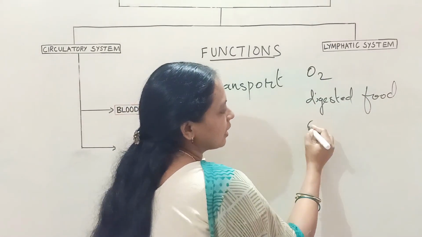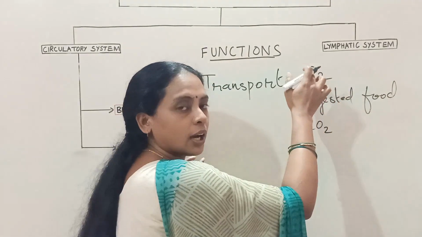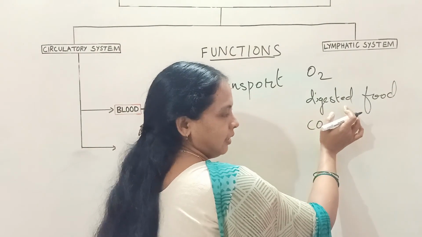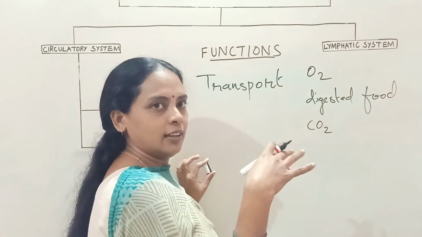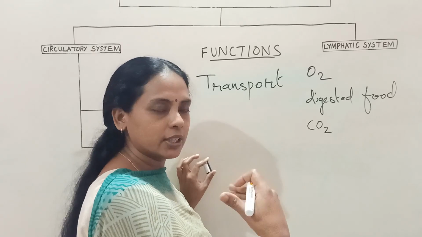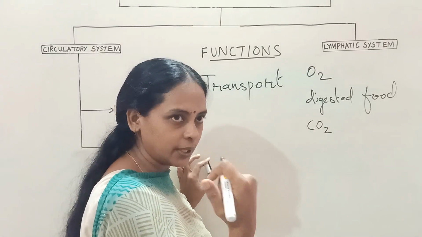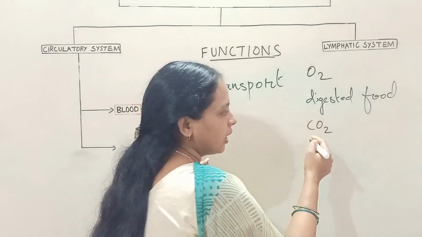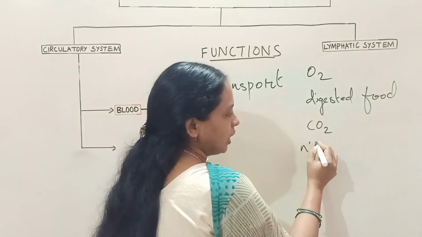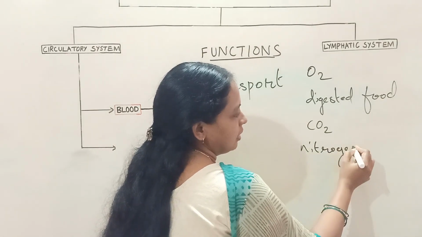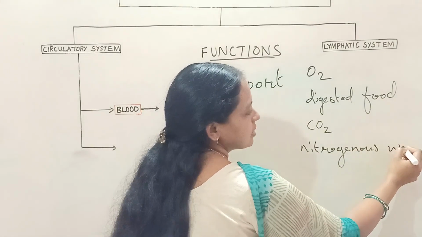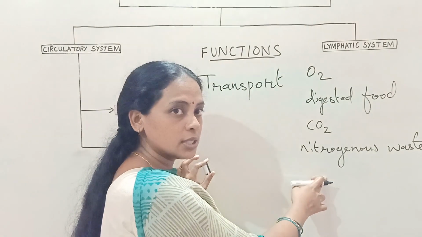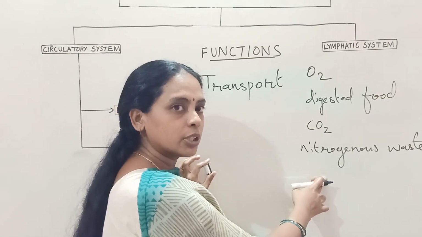It carries carbon dioxide back to our respiratory organ, the lungs. Then, when nutrients combine with oxygen to produce energy, nitrogenous waste is generated. Then it carries nitrogenous waste from the cells towards the liver, and from the liver to the kidney.